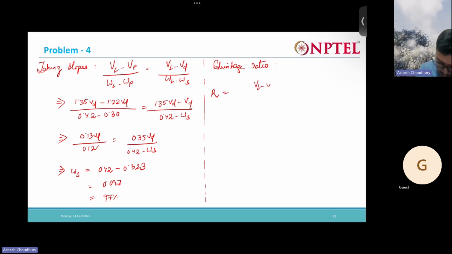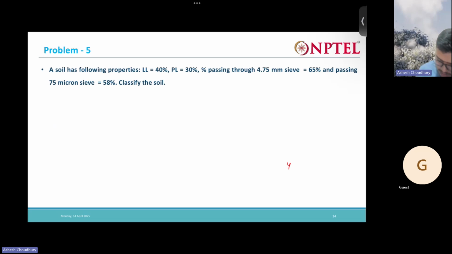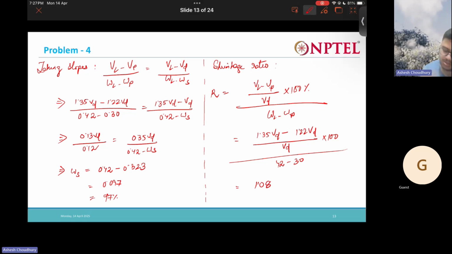Shrinkage ratio is nothing but VL minus VP by VD, 100% divided by WL minus WP. 0.3 by VD minus this is 9.7%, by 1.22 VD, 100, 52 minus 30 plus 1. Okay, so yeah, very simple.